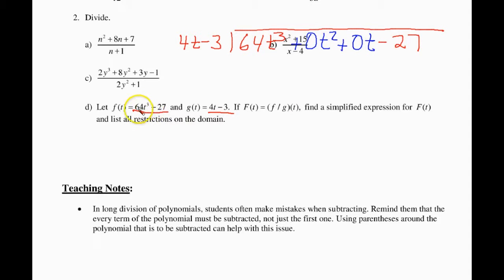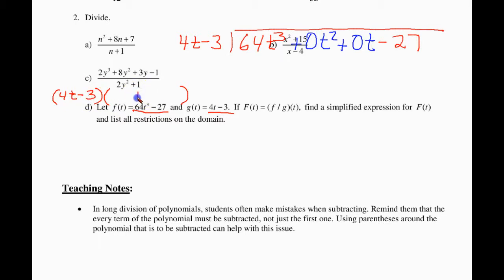Now, I don't know if you've noticed this, but this is the difference of perfect cubes. And I think it might be a good time to review this. What are the factors of this? Well, the factors of this, we said we need a parenthesis for 2, a parenthesis for 3. We take the cube root of this, and that gives us 4t. And that sign is negative, by the way. And the cube root of this is 3.